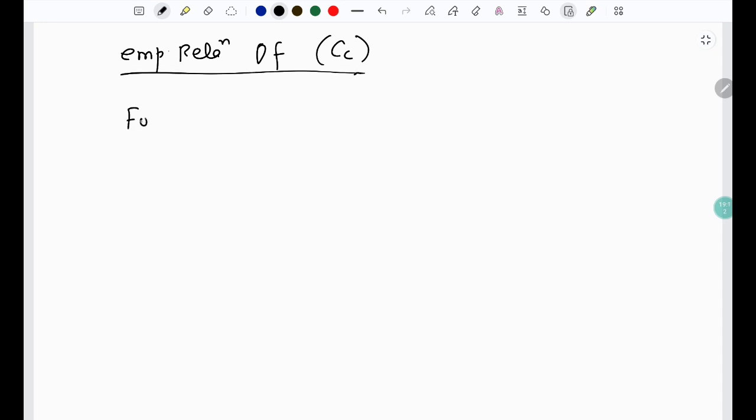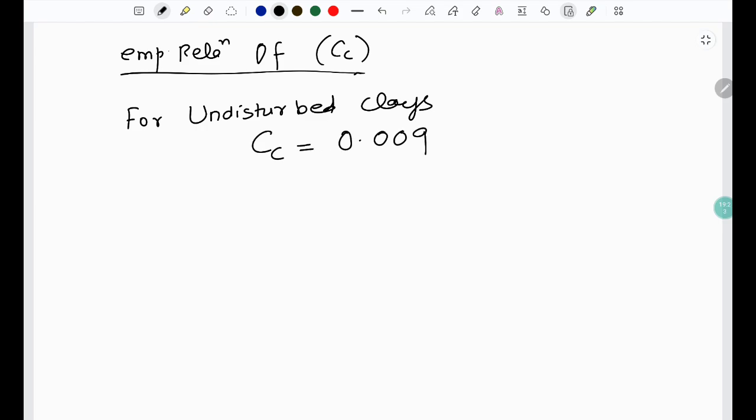First is for undisturbed clays. For undisturbed clays, Cc is given by 0.009 (WL minus 10), where WL is the liquid limit in percentage.